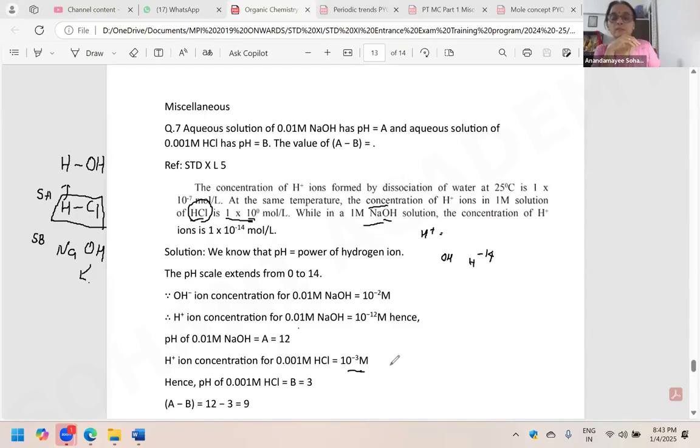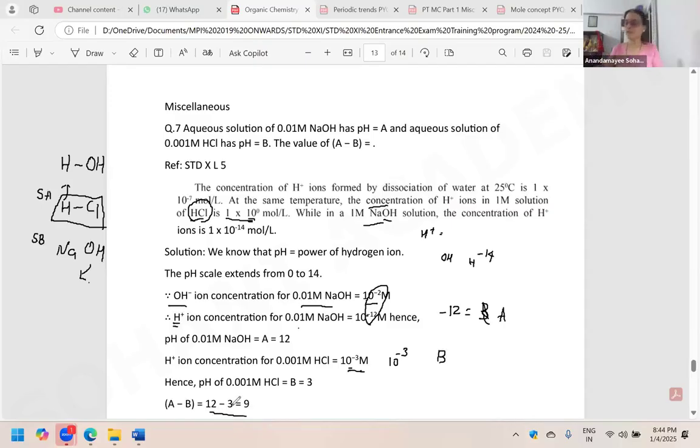This is 10 raised to -3 म्हणून -3. आणि इकडे जर 1 मोलरचं कॉन्सन्ट्रेशन OH आयनचं -2 आहे तर त्याची टोटल -14 पाहिजे म्हणजे H आयन कॉन्सन्ट्रेशन -12 आहे. आता ह्या -12 ला आपण म्हणतोय A आणि ह्या 3 ला आपण म्हणतोय B आणि मग A मायनस B ची व्हॅल्यू विचारली.